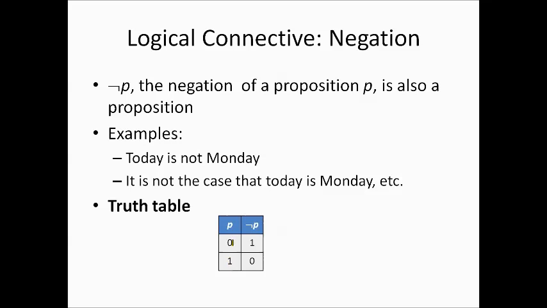Remember, the value 0 indicates false, and 1 means true. So not P: what is the opposite of 0? That is 1. And what is the opposite of 1? That is 0. So that is the truth table for negation, either using true or false, or 0 or 1.